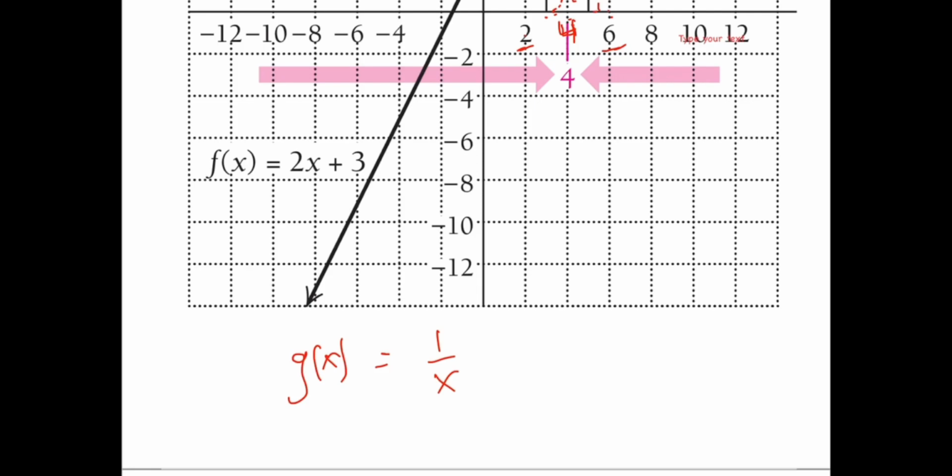The limit of this function as x approaches 0 does not exist, because as x gets closer to 0, the value of the function becomes larger and larger without bounds.